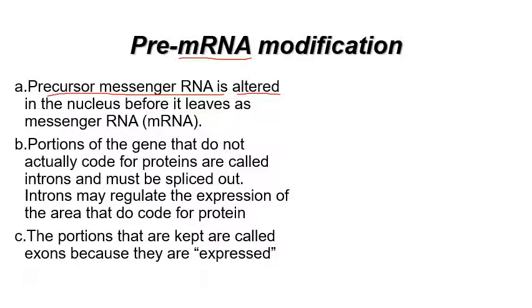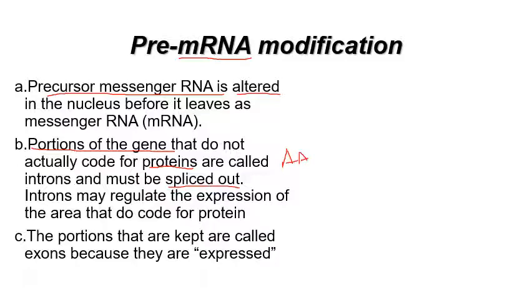Because in that gene, there are portions of the gene that do not actually code for proteins. They don't actually contain the codes for the different amino acids. So we're going to be splicing out those portions.